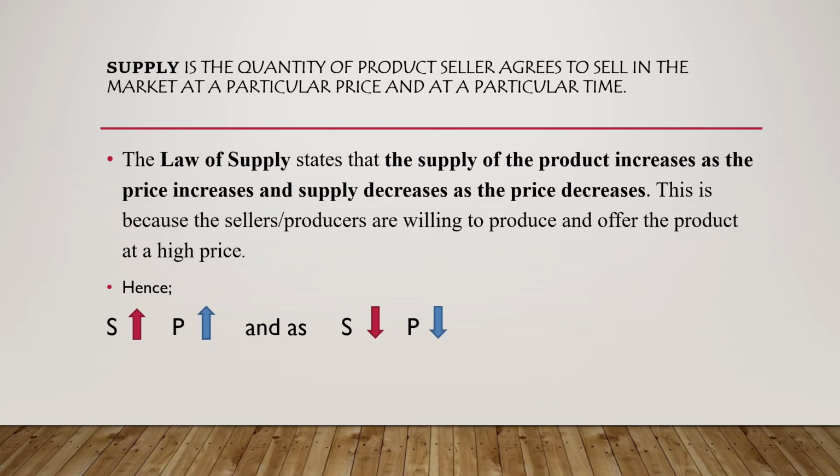Hence, as supply increases, the price increases. And as supply decreases, the price decreases. Quite self-explanatory. Of course, producers or sellers are willing to produce more when the price of the commodity is high, because that will mean a higher profit.